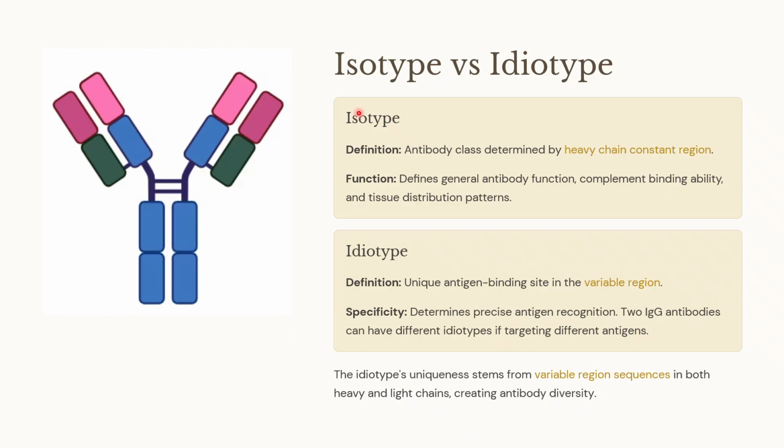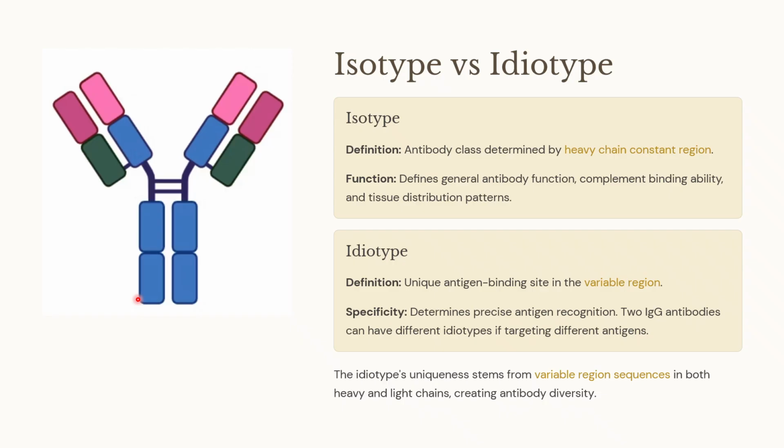What is an isotype and what is an idiotype? Isotype is the antibody class determined by heavy chain constant region. This is the heavy chain and this is the light chain. So this type is the isotype. This will define the general antibody function, that's complement binding, and its tissue distribution pattern.